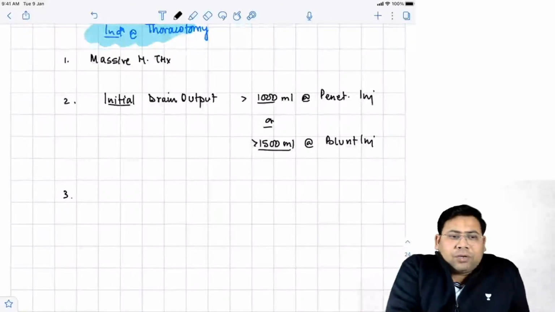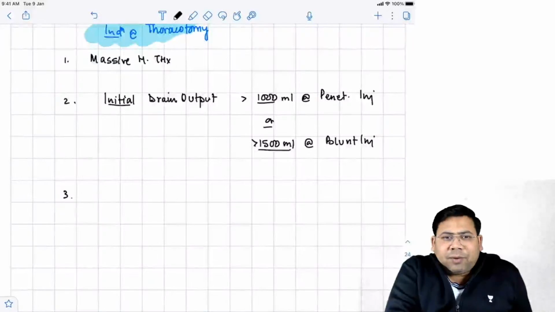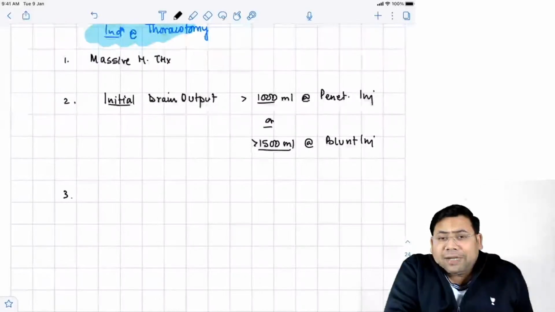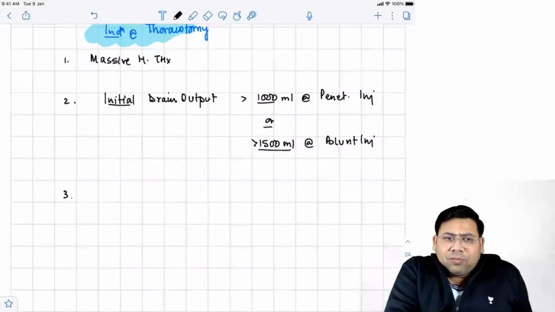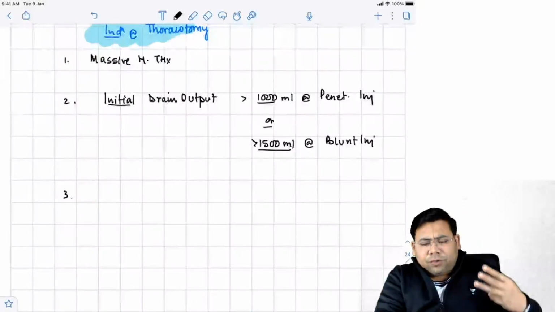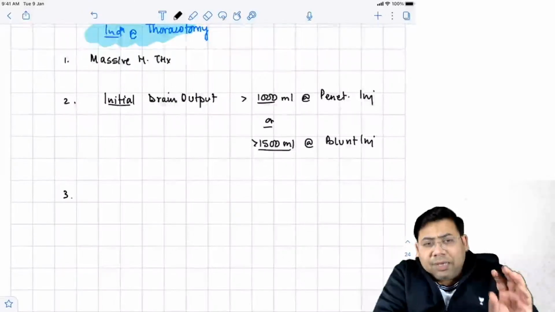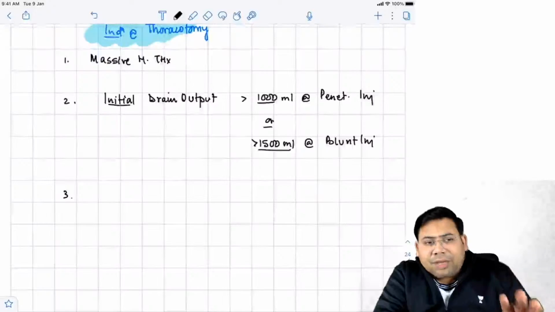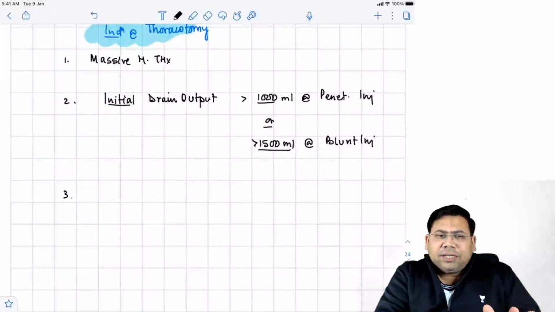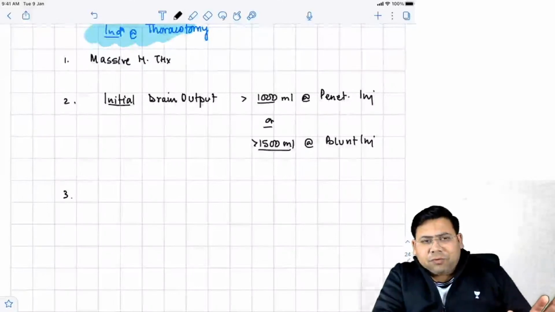The third is, suppose you did a tube thoracostomy and only 250 cc came out. What to do? You'll wait for 1 hour. Next hour, suppose again 200 ml was added to the pre-existing volume. So if for 3 consecutive hours the output stays more than 200 ml per hour, that means something vital is bleeding, and this is the time to take a call, because God has already taken a call for this patient.